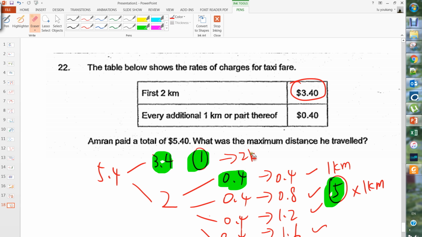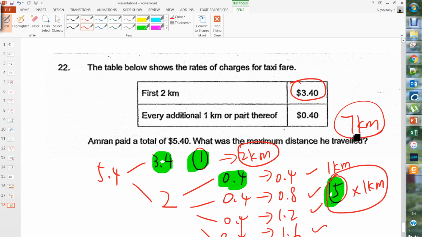Let me correct this. So you add up, 2 km plus 5 km. Total? 7 km. Yeah. So the distance is actually 7 kilometers.